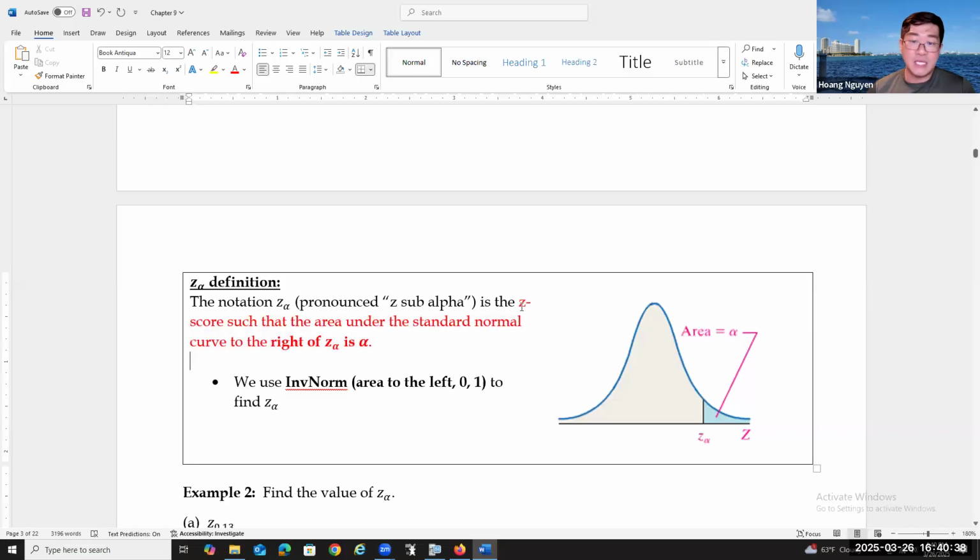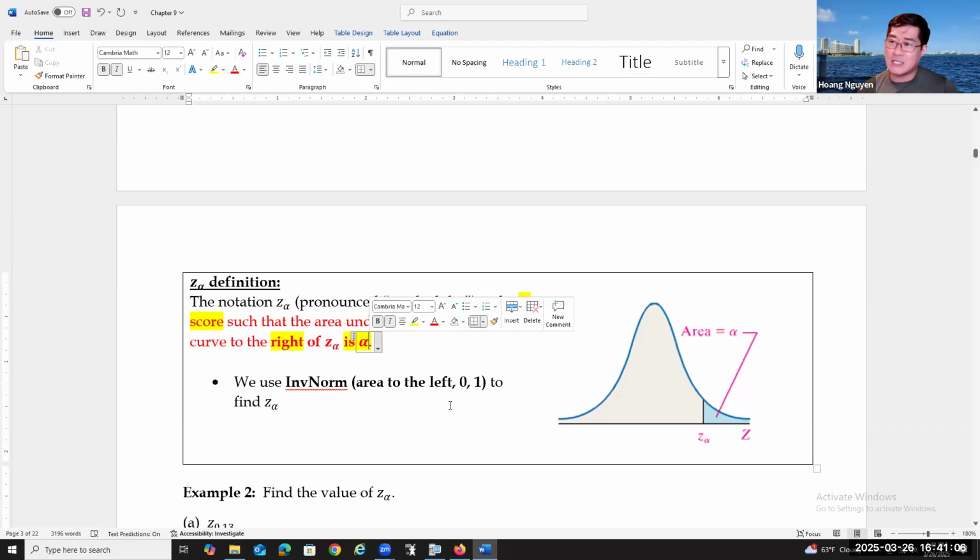So we need to find some z-score such that the area under a standard normal curve to the right is alpha. Remember, a standard normal has a mean of zero and a standard deviation equal to 1.